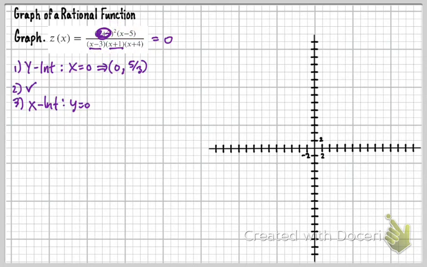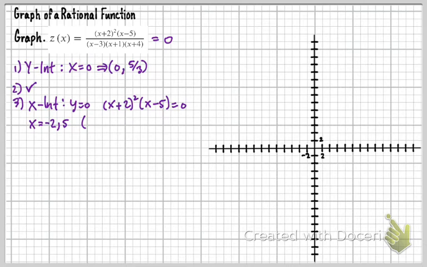So once it's in simplified or reduced form, which means I can't cancel anything out top and bottom, all I really have to be concerned about is where the top is 0. And I can see that happens where x is -2 or +5.